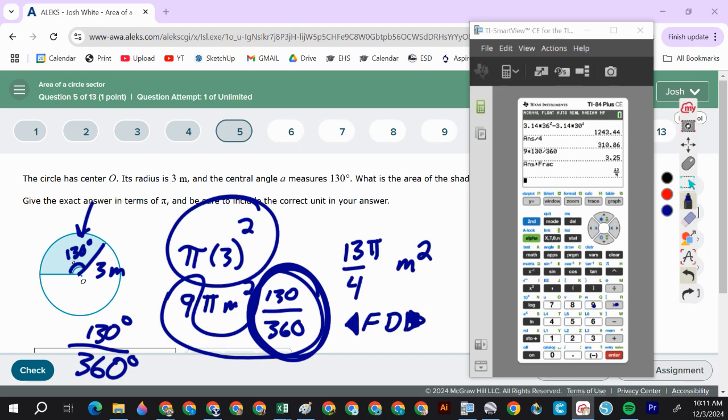So it's right above the PRB button. So from the blue second button, it's down 1 and right 1. So you just push second PRB, and that will convert any fraction to a decimal or any decimal into a fraction. And you can just keep going back and forth if you need to. And then don't forget, your answer has to have a pi in it.